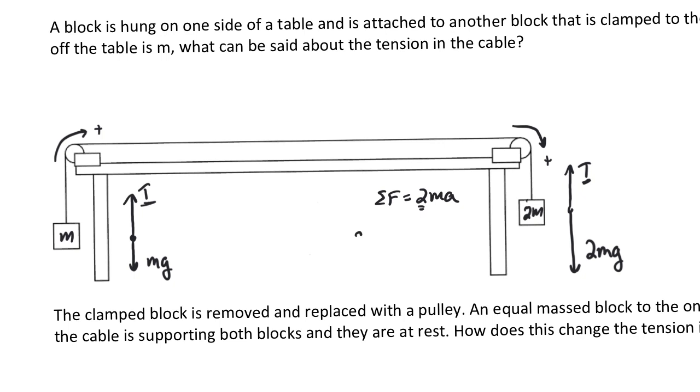That's going to be, though, 2mg minus tension equals 2ma. The other block has tension up and weight down, and up is positive for this block, so tension minus weight equals ma.